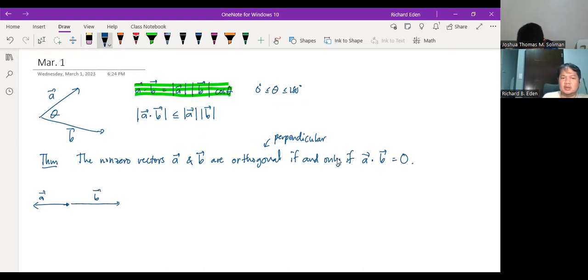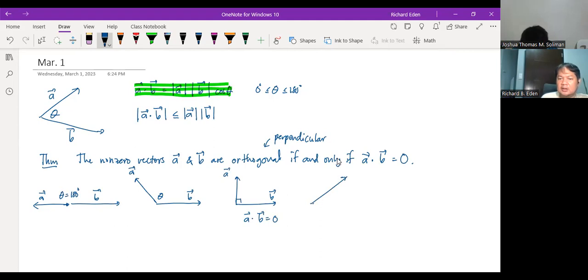Another situation is that the angle between them is obtuse. So that's theta. When A and B are pointing in opposite directions, theta is equal to 180 degrees. And here is where the angle between them is 90 degrees, and we know that in this case, A dot B is 0.